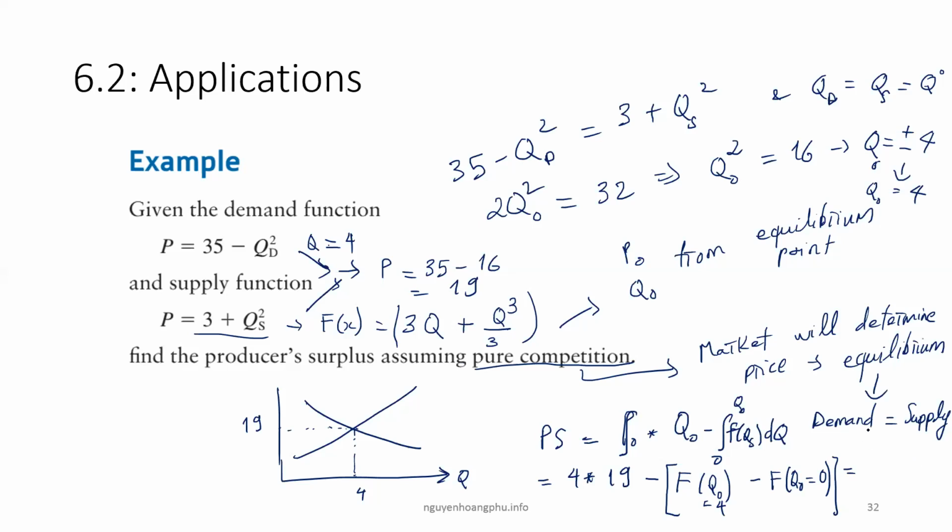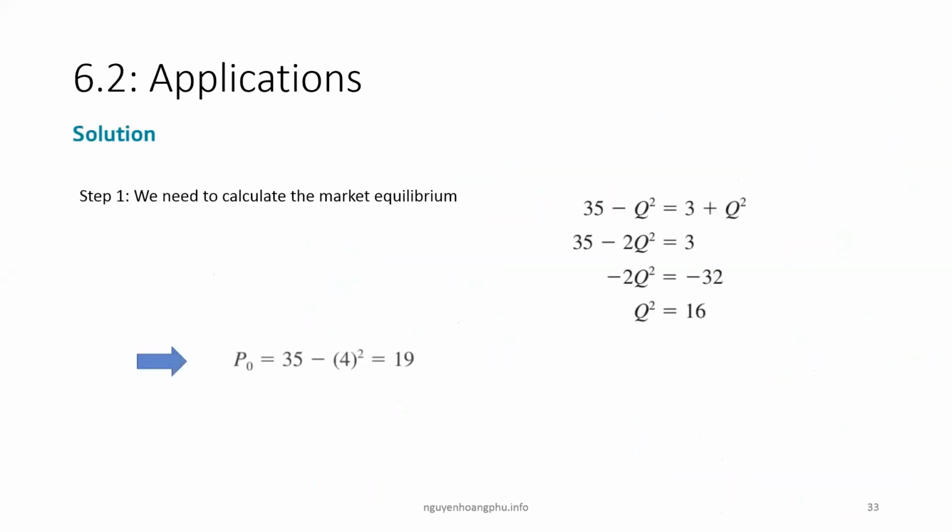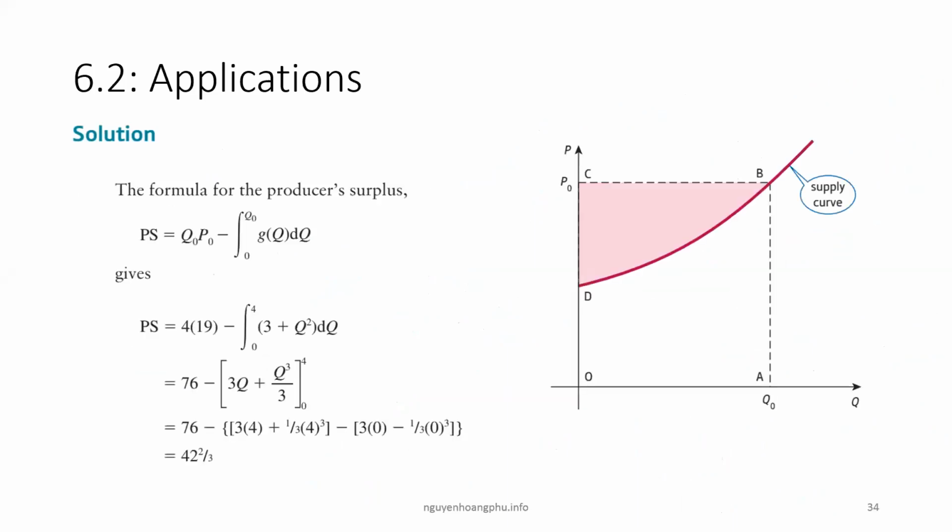So you substitute q equal to 4 in the integration of the supply function, so we will have 76 minus something. Let me see the final result here. They already calculated. Yeah, it's here. This one is 0, right? This one you substitute 4 inside, 3q plus q cubed divided by 3.